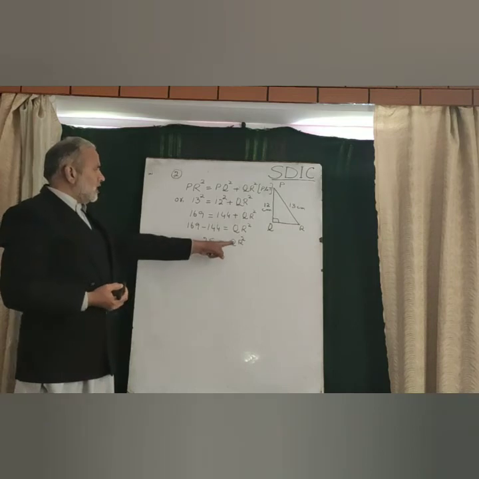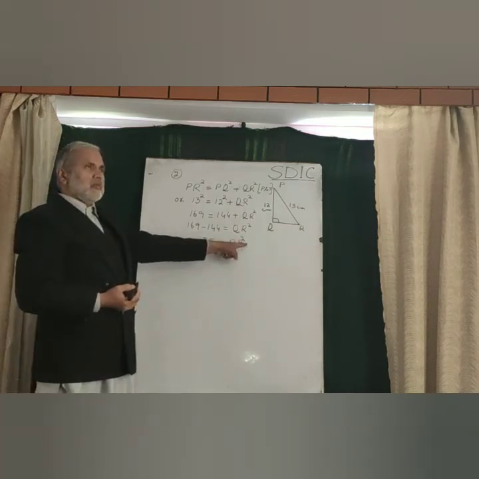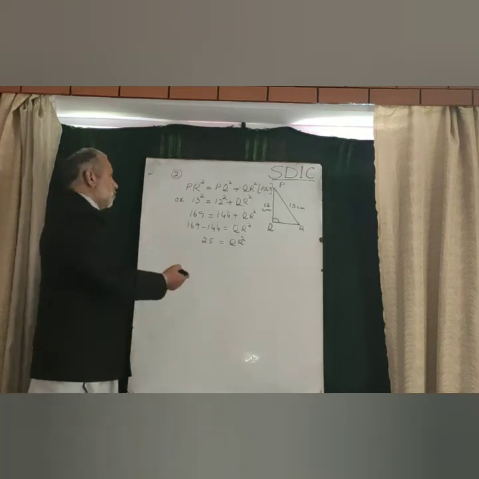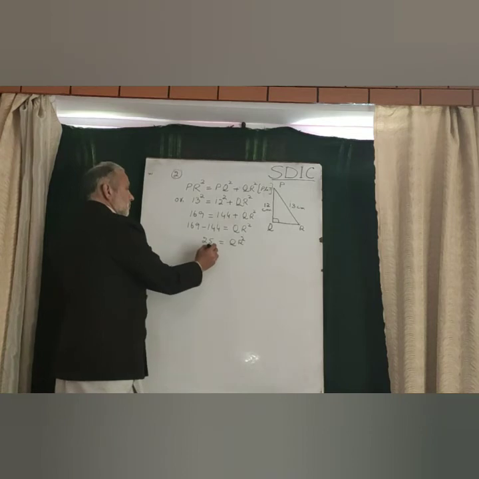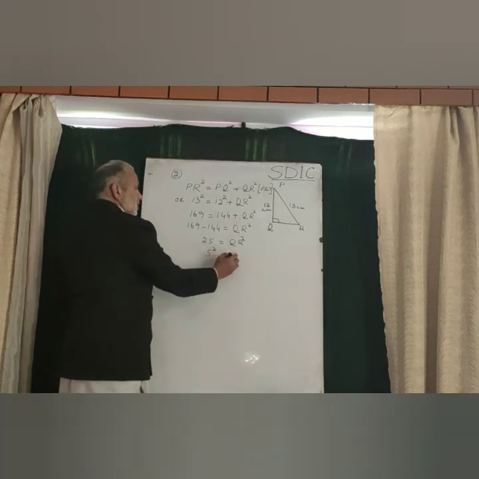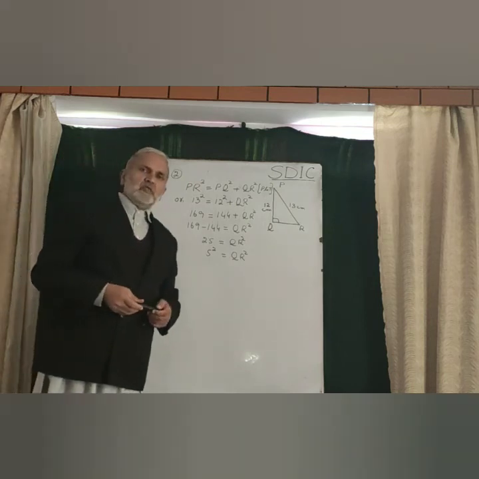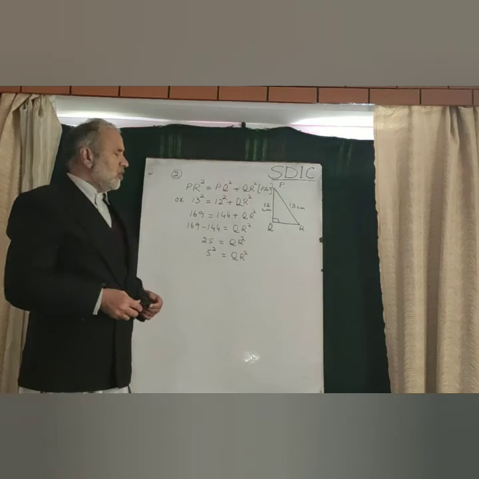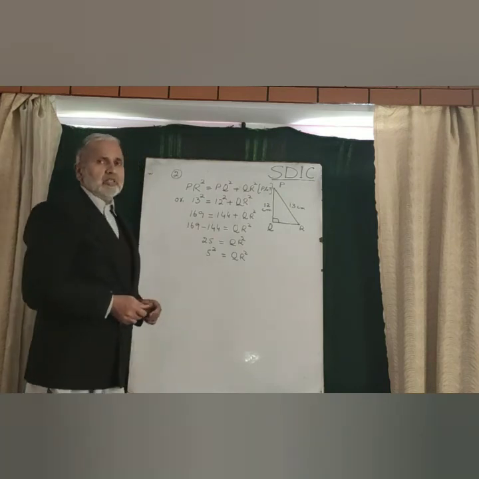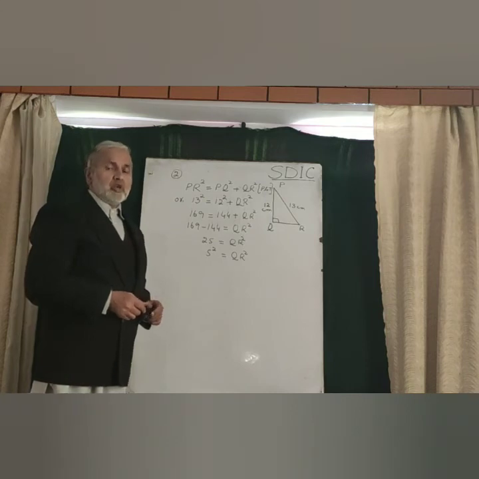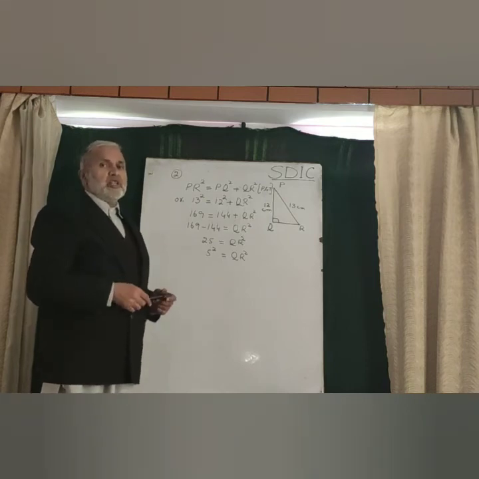And then to get QR, you have to remove the square. To remove that square, you have to change this LHS also to square. Square of 5, you know, is 25. Actually, it is square of plus 5 as well as minus 5. But we opt for only plus number here. In the chapter on quadratic equations, you have used both plus sign as well as minus sign.